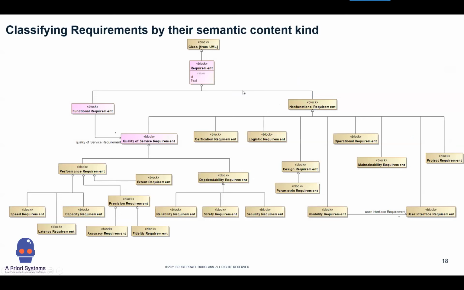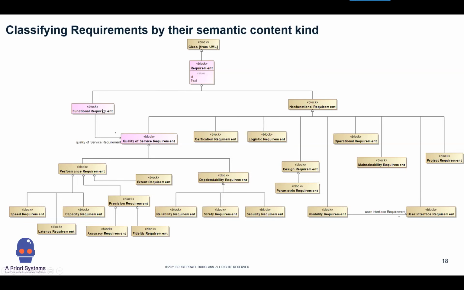So talking a bit about requirements, there are a number of ways you can classify a requirement. Requirement in SysML comes from a class in UML. One way to classify them is in terms of semantic content. We've got non-functional requirements and functional requirements. There are two basic kinds.